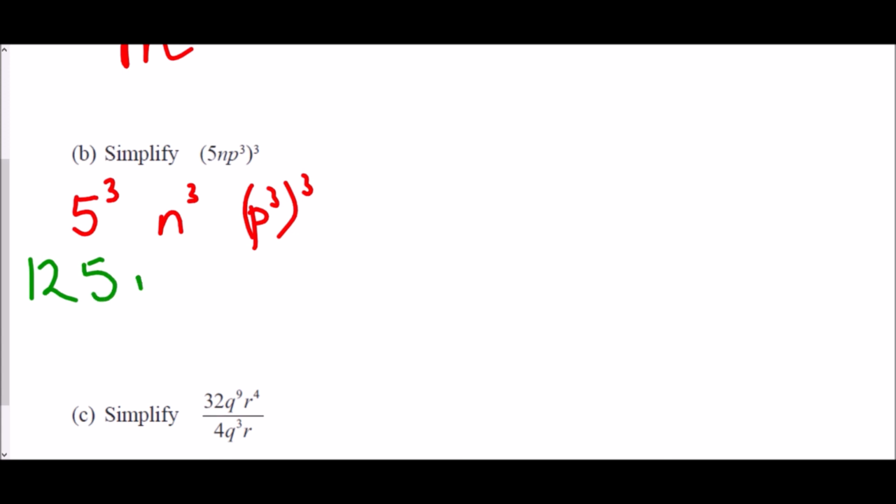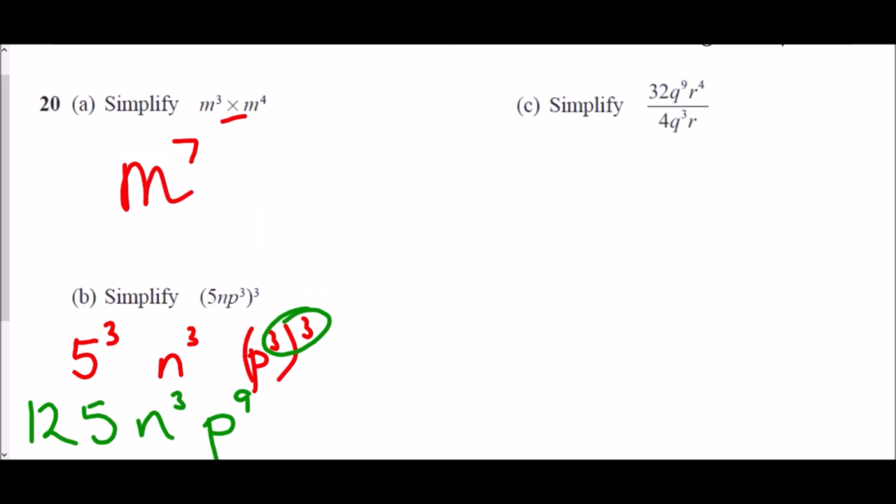The n cubed, well, that is n cubed. P cubed to the power of 3, well, that means we want to multiply the two indices together. That is going to be p to the power of 9. So our answer is 125 n cubed p to the power of 9.